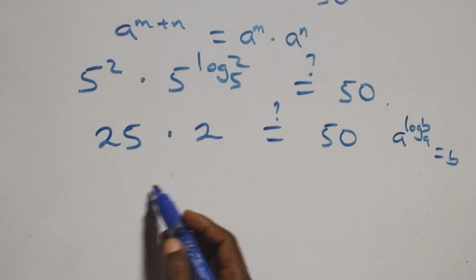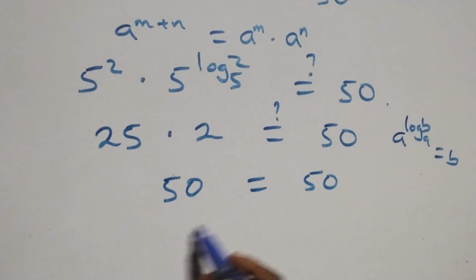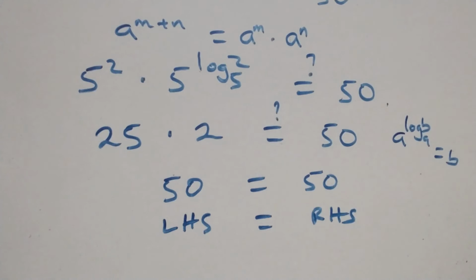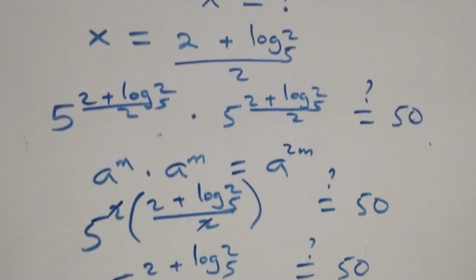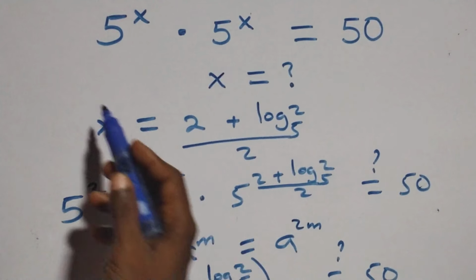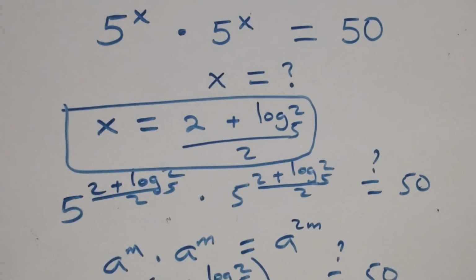That is 25 times 2, that's 50, which equals 50 from here. We have left hand side equals the right hand side. And therefore, we conclude that x equals 2 plus log 2 base 5 all over 2 satisfies this given problem.